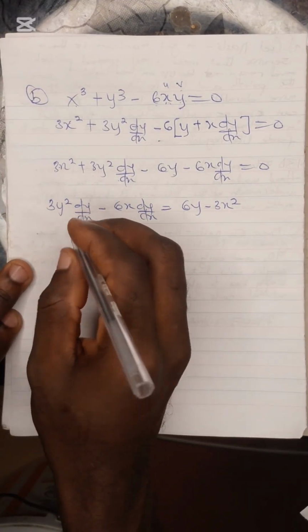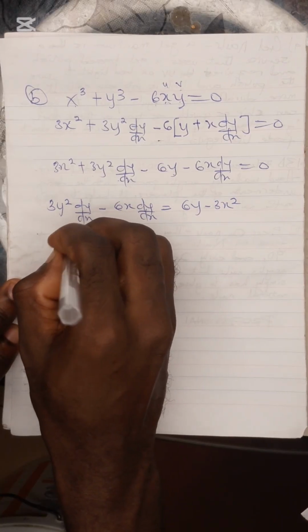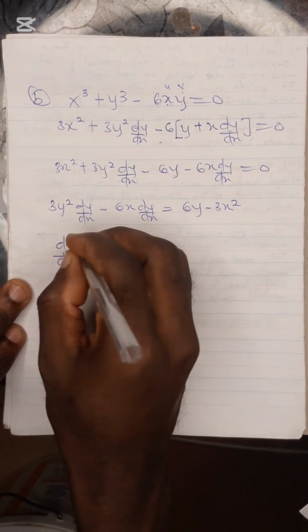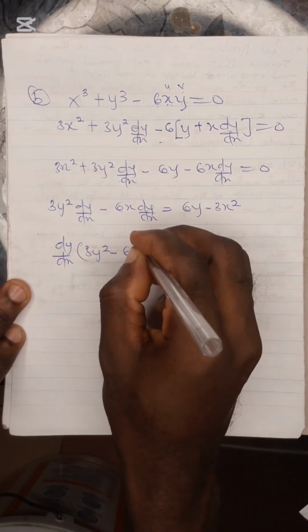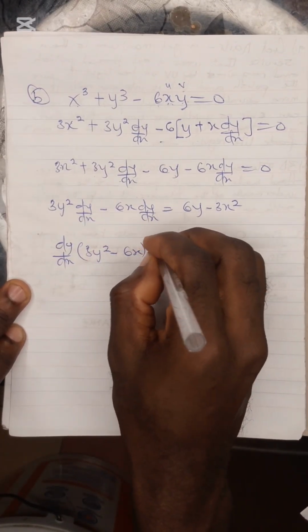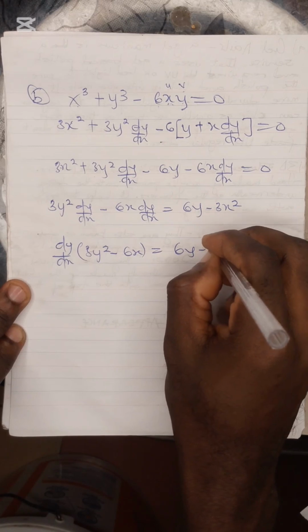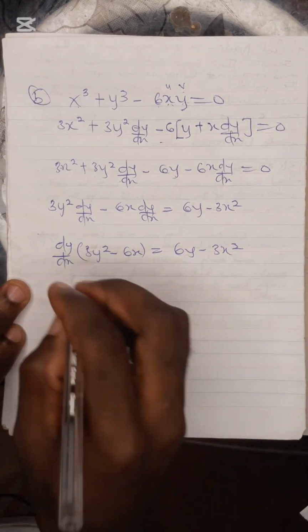And we factor dy/dx out from here, so dy/dx times 3y squared minus 6x is equal to 6y minus 3x squared.